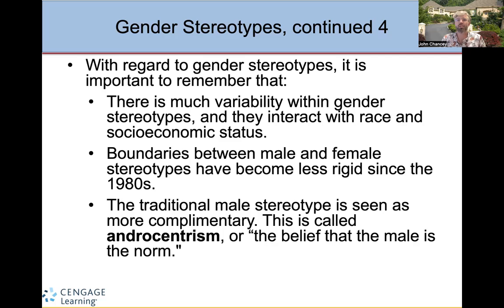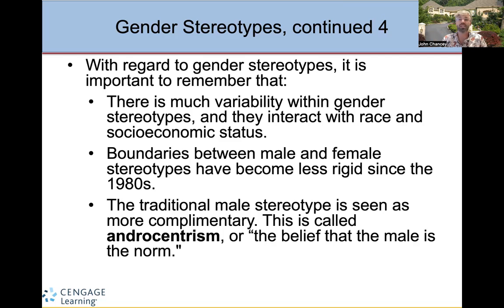The clear lines of demarcation between being male and female, those roles, those expectations have become far less rigid over the last probably 30, 40 years, most of my lifetime. We're seeing those boundaries becoming more blurred rather than definitive.